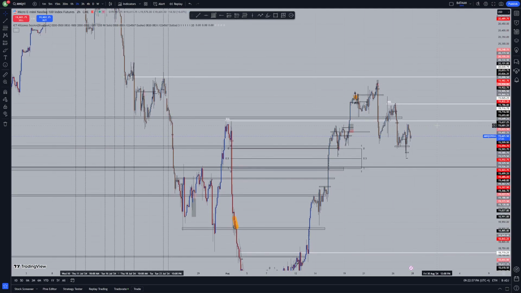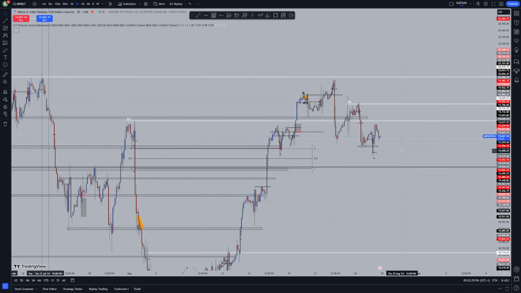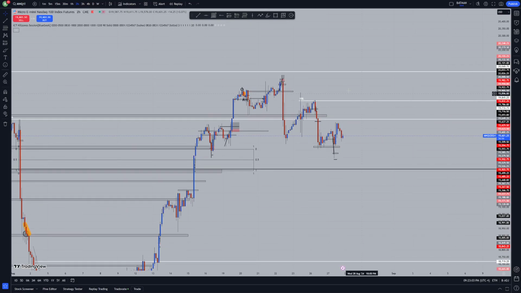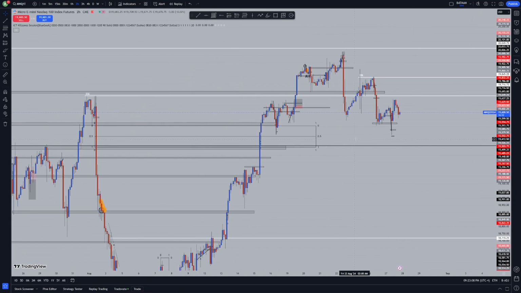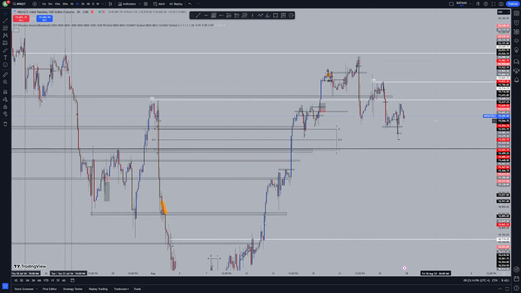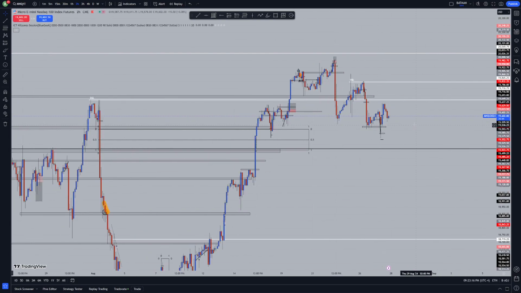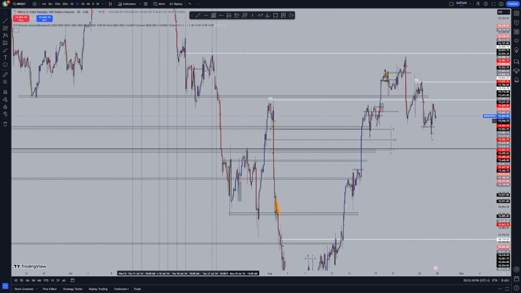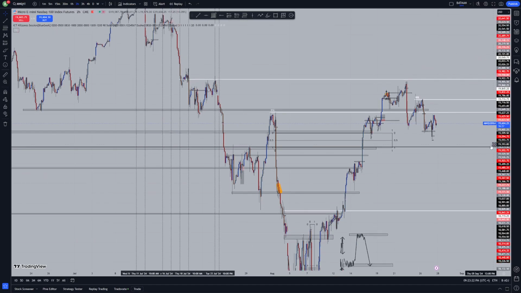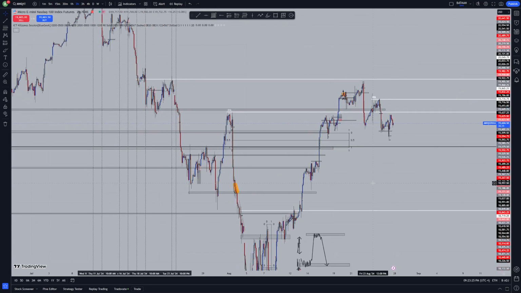Just as a disclaimer, it's for entertainment purposes only, or you can use this as educational material. But this is my opinion of how I see the markets, not anyone else's. And this is how I look at the markets every single day. If you're confused why there are so many lines and trend lines, it's because this is how I trade.